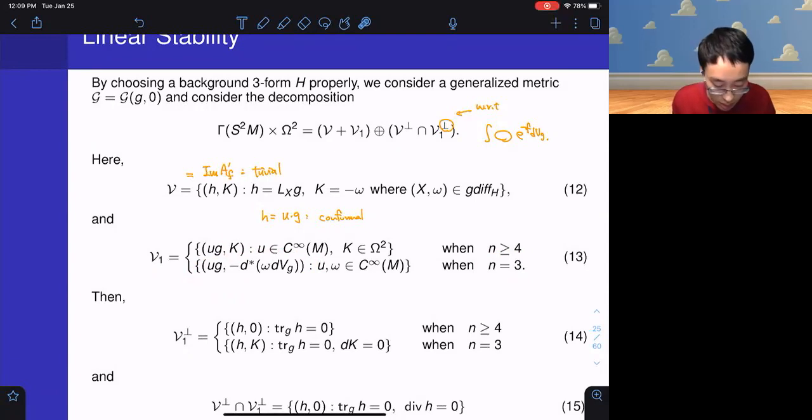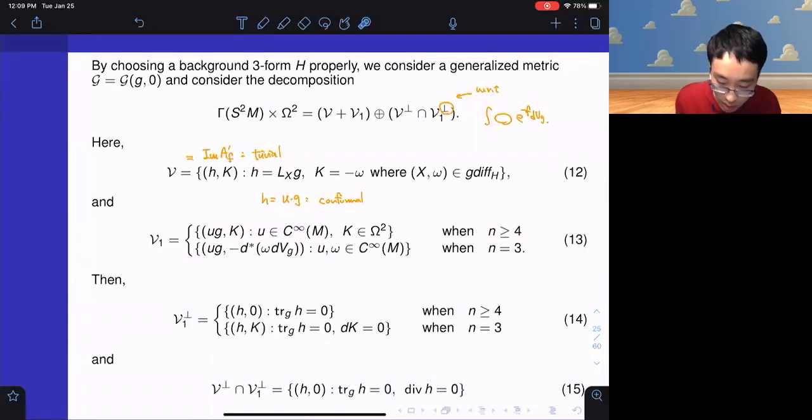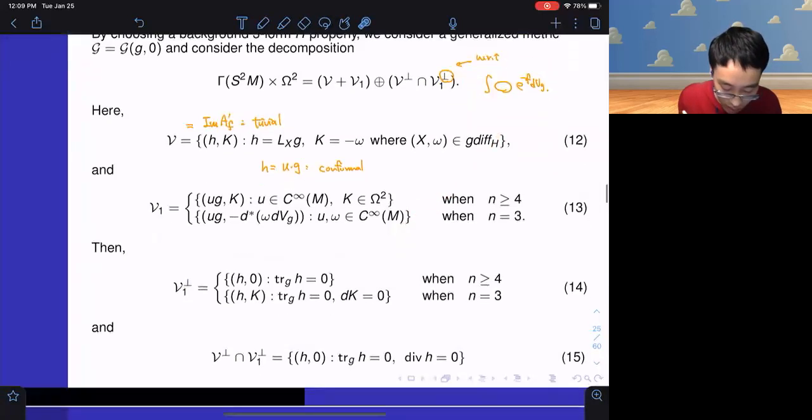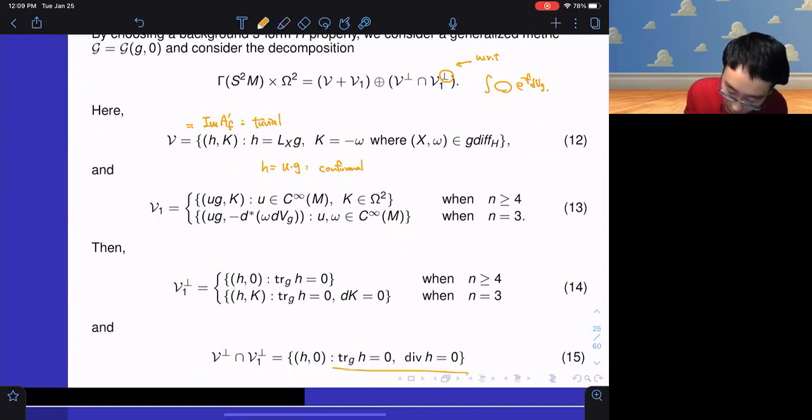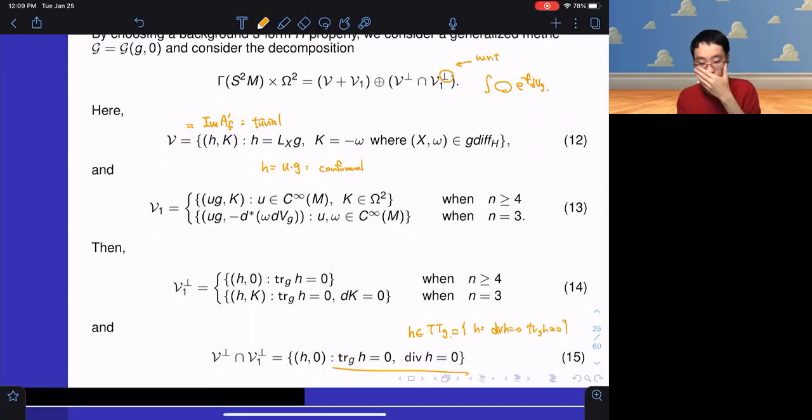Then by direct computation in terms of the inner product, we can see that our V perp intersected with V1 perp will be H0, where H is trace-free and divergence-free. Usually we denote this kind of property by saying that H lies in TTG, and TTG is the space where divergence is free and trace is free.